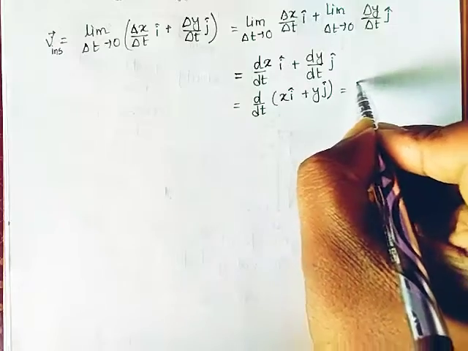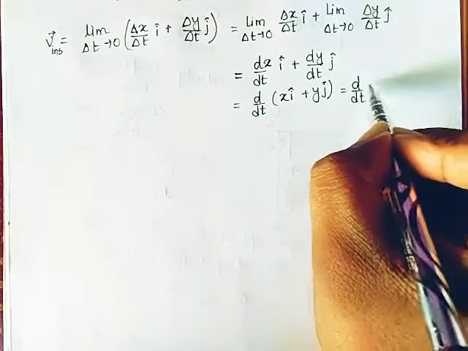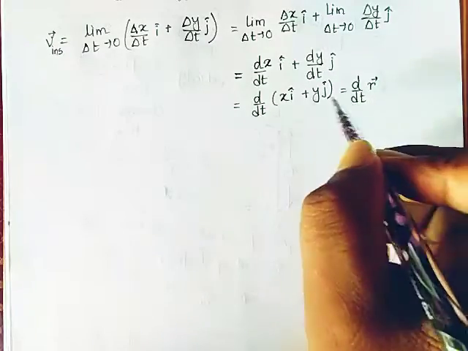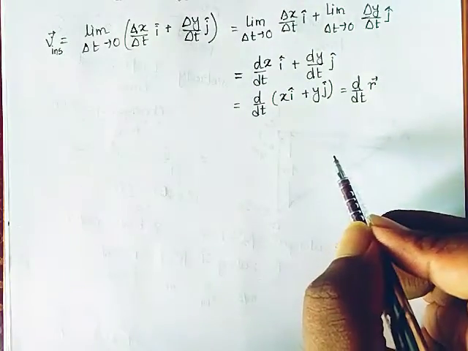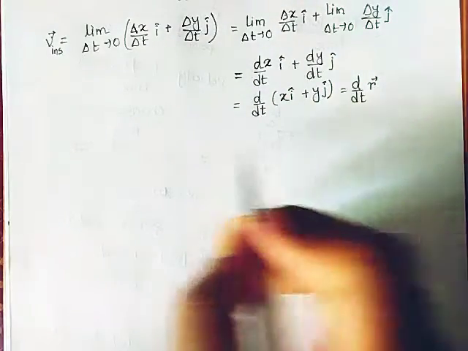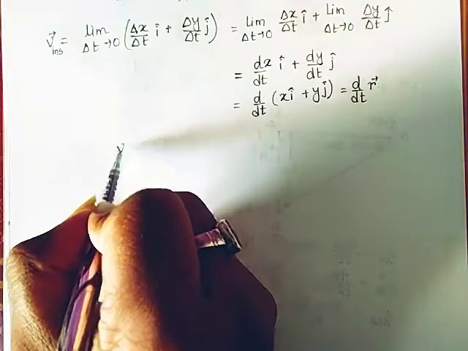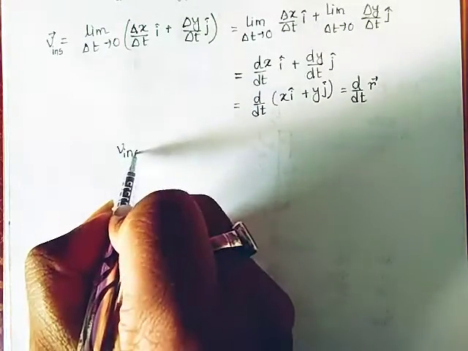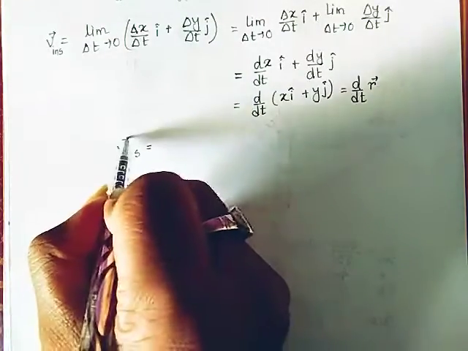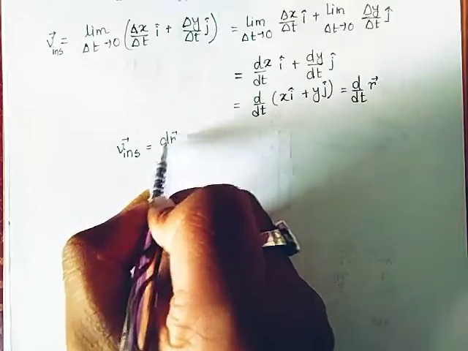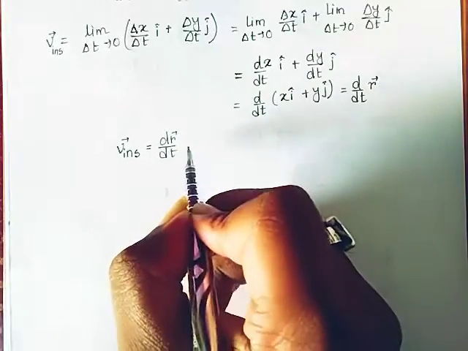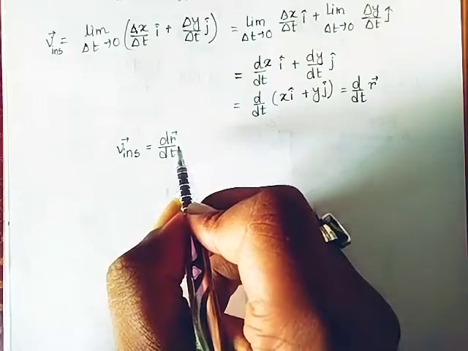So it can be easily written in terms of the r vector. So the instantaneous velocity becomes dr/dt. So v instantaneous denotes dr vector by dt, that is the velocity of the particle at each and every instant.